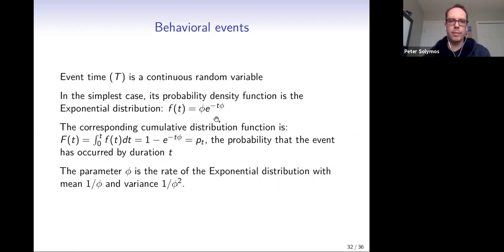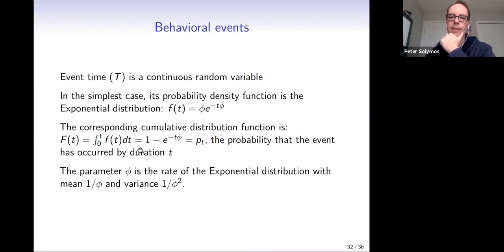And then you can talk about this density function, which is going to describe the distribution of times to these events. And then once you have this exponential distribution with a certain mean and variance, then you can also think about the cumulative distribution function, which is something we are going to use quite a bit today.